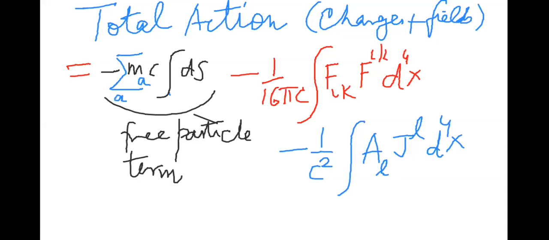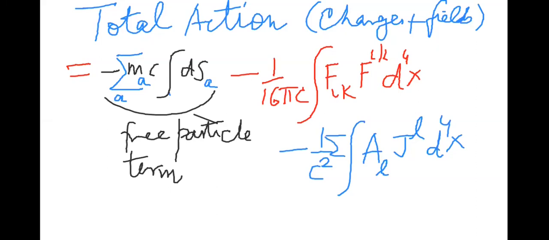So you have to sum over A, I mean all the particles, right? And all the particles will have their different world lines. So you should also put ds_A, right? This f ik is okay, but particles are playing their role in jl. So you have to make a summation here again, okay?